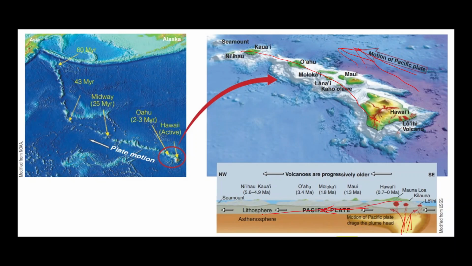As you go farther away from the plume head, the source of the magma, the volcanoes become older, and wherever the plume is currently present, you have an active volcano which is younger. That is the idea conveyed.